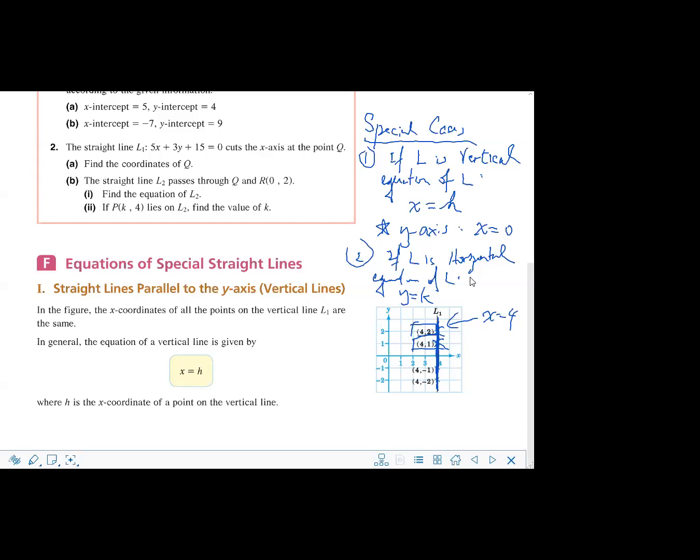How about the special case? The x-axis. The equation of the x-axis will be y equals 0. Okay, not positive, not negative, not up, not down, exactly the middle line. Okay, so y will be equal to 0 here.